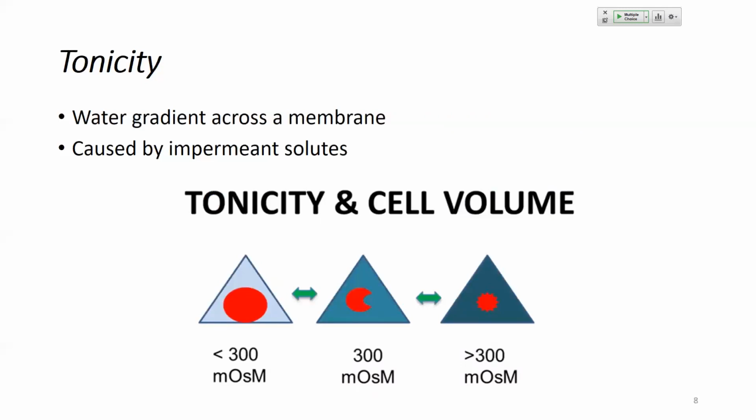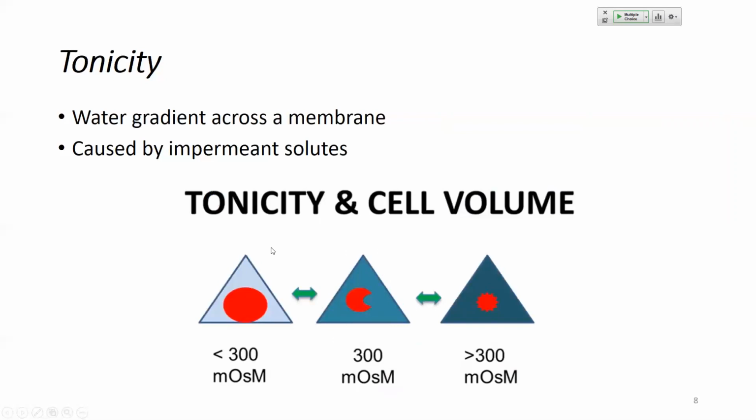What is the physical effect of the solution on the cell? That's your tonicity. It can be isotonic in the middle here. And isotonic means that the solution had no physical change on the cell. The cell volume did not change. So if your extracellular fluid is 300 milliosmoles, your intracellular fluid is 300 milliosmoles, this is said to be an isotonic solution because it doesn't change the cell volume. It neither shrinks nor lyses.